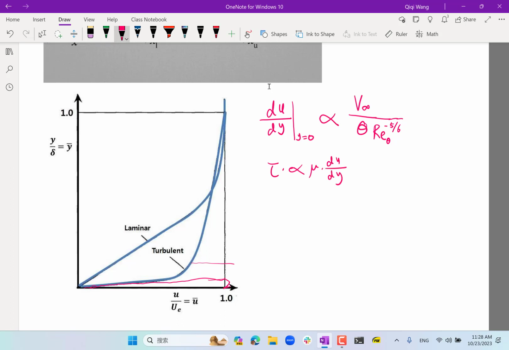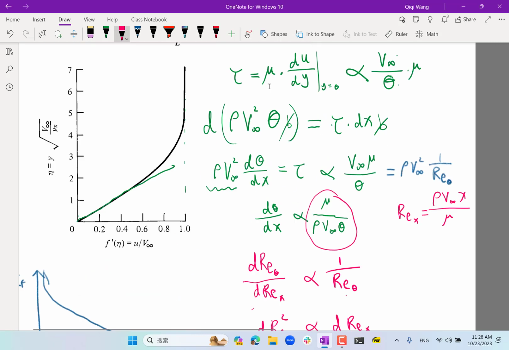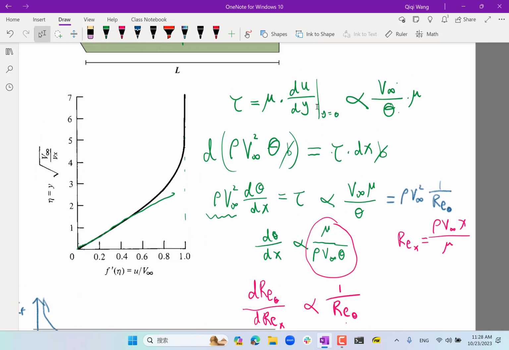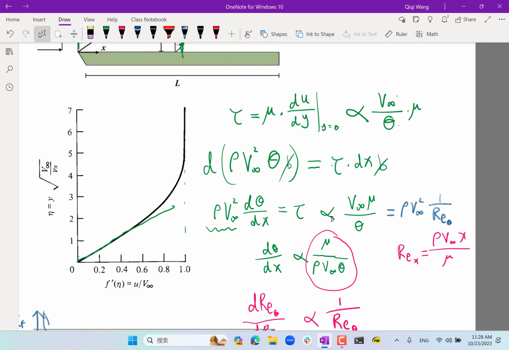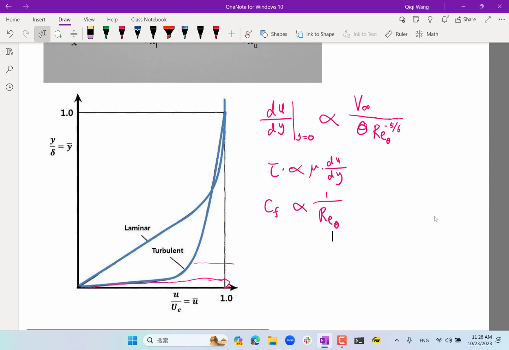And if you plug in the skin friction coefficient, Cf, which is tau over rho V infinity squared, it is going to be proportional to 1 over Re theta. Previously it was 1 over Re theta, but in this case, it's 1 over Re theta to a small power.